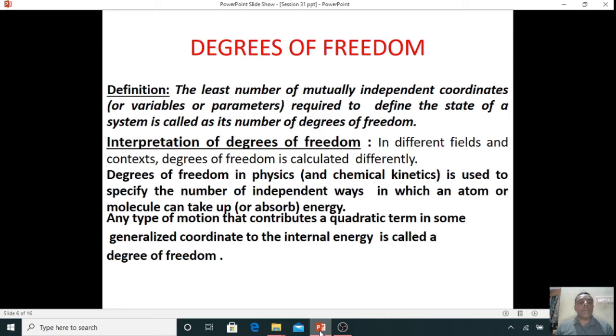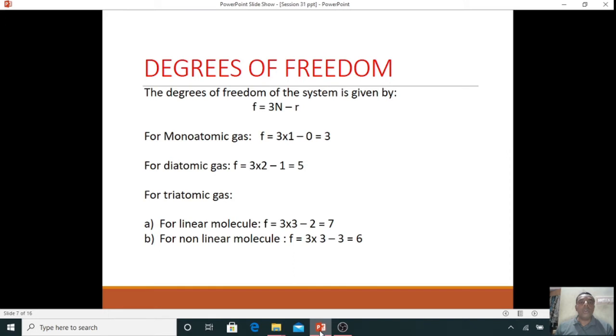Any type of motion that contributes a quadratic term in some generalized coordinate to the internal energy is called a degree of freedom.